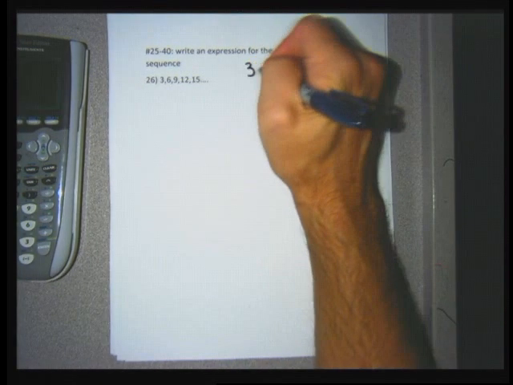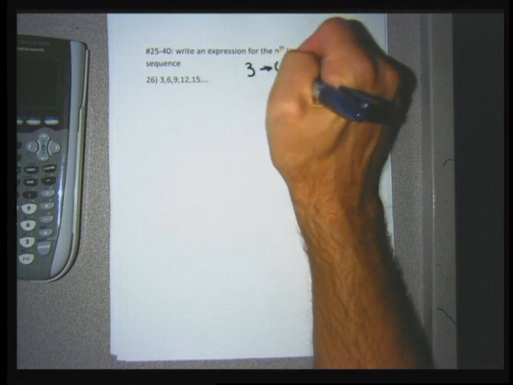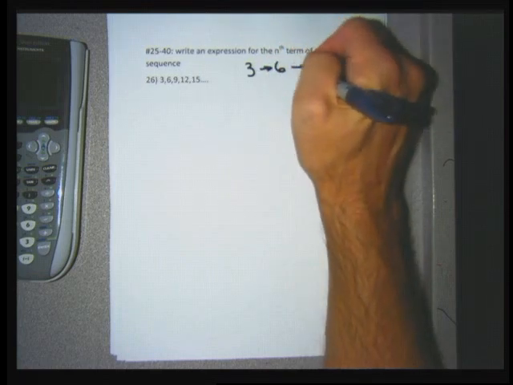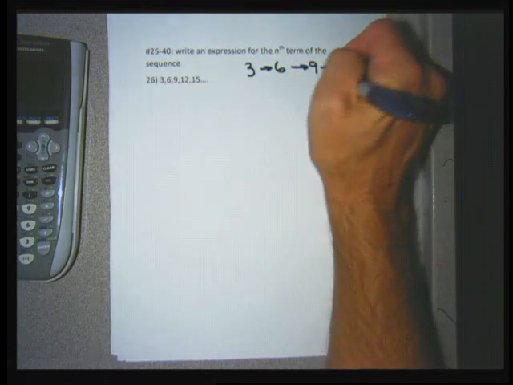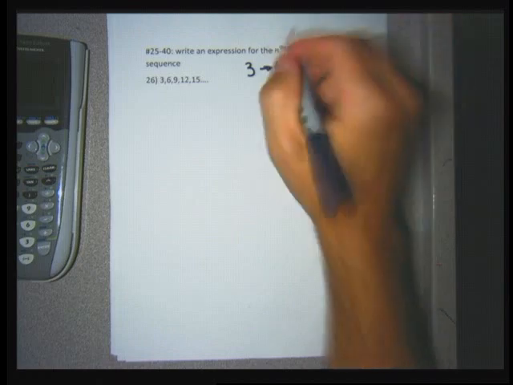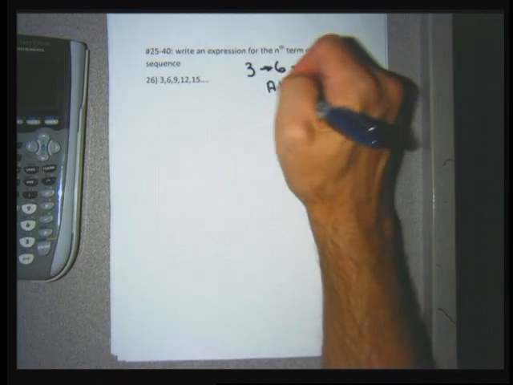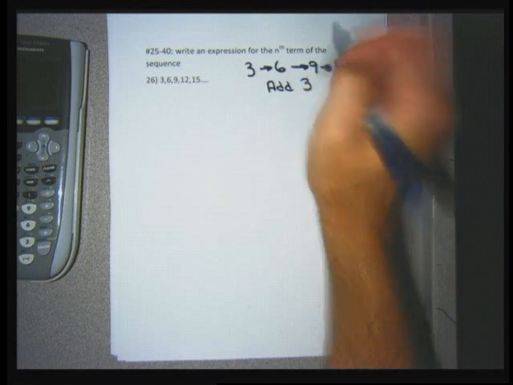So for 26, to get from 3 to 6, and then from 6 to 9, and then from 9 to 12, to get from one to the next, I have to add 3. So I'd say this list is an arithmetic sequence because I'm adding to get from term to term.